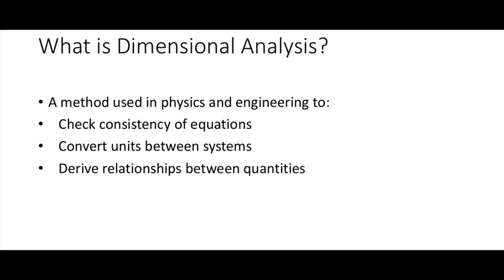So these are some of the uses of dimension analysis. As we proceed in this chapter, we're going to look also at the limitations, because anything has a limitation. There is where it starts and where it cannot exceed. So it also has some limitations.